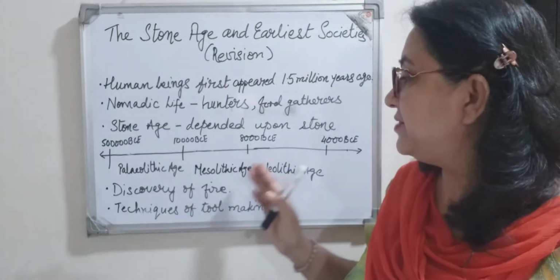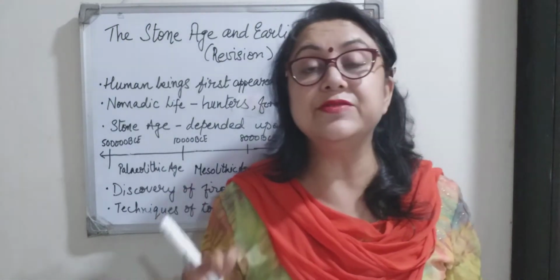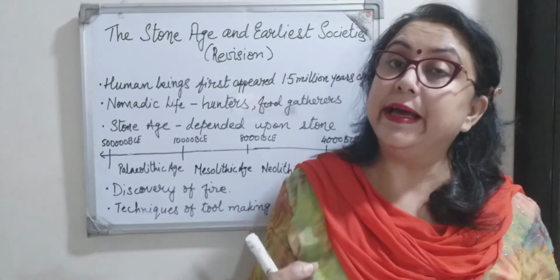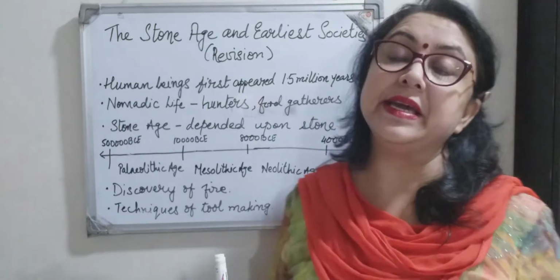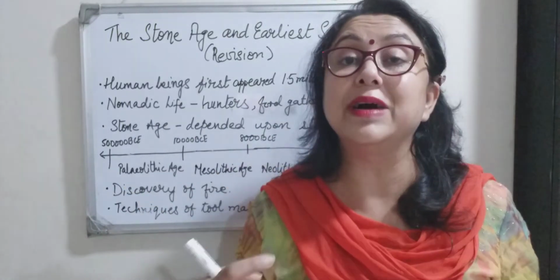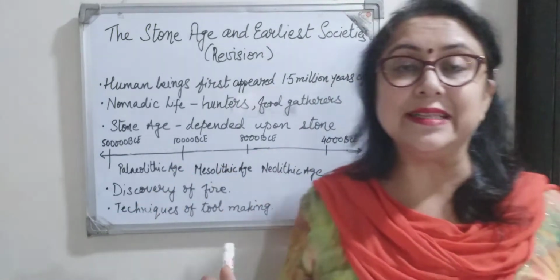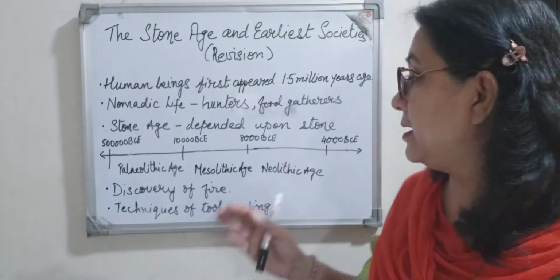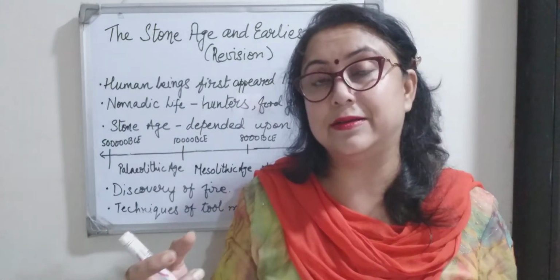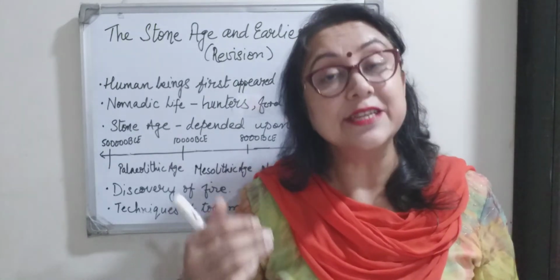So, this division into Paleolithic Age, Mesolithic Age and Neolithic Age has been done basically on the quality and variety of tools made by early humans. We find the tools of Paleolithic Age were not much advanced, they were completely raw, right? But with time, early man started making the tools during the Mesolithic Age a little better, quality wise it improved, and then further in the Neolithic Age it further improved.